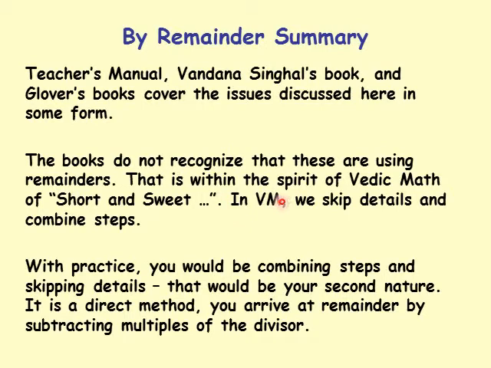In Vedic math, we skip details and combine steps. With practice, you would be combining steps and skipping details too. That would be your second nature. This method is a direct method, and you arrive at a remainder by subtracting multiples of the divisor.